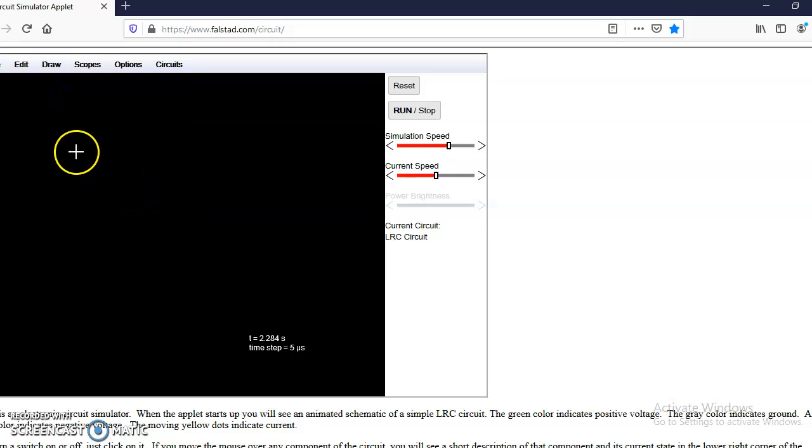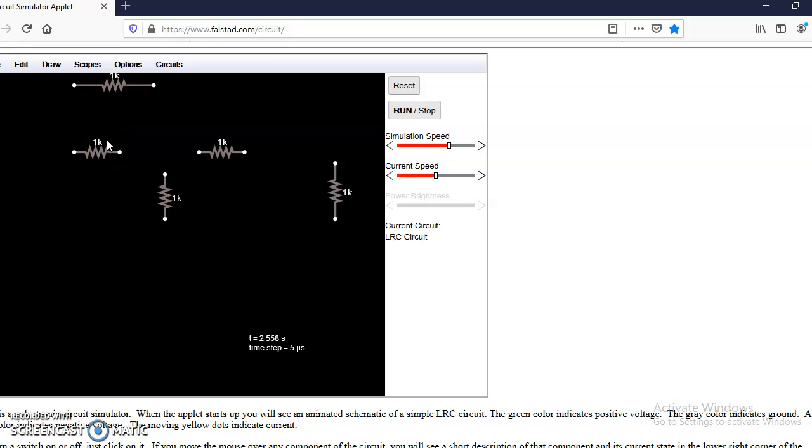I'll put in all the resistors first, in the same manner according to their positions in the circuit. This is the third one, this is the fourth one, and this is the last, fifth resistor which we require in the circuit.